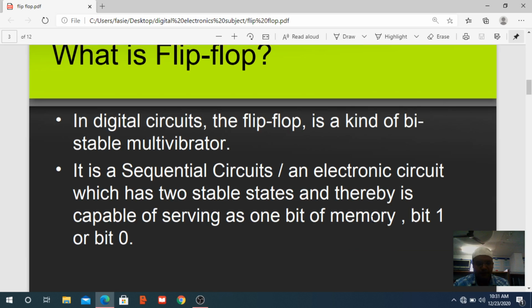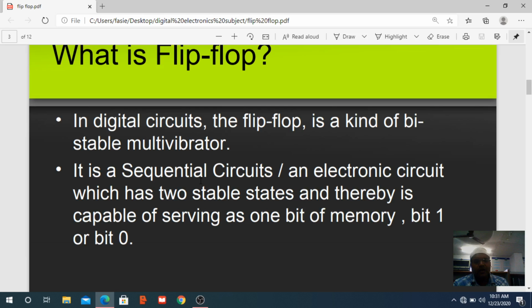That means it is going to produce either bit 0 or bit 1, because digital electronics deals with combinations of 0s and 1s. We have discussed combinational circuits like the full adder, full subtractor, encoder, decoder, multiplexer, and demultiplexer in previous classes. By taking all these combinations, here we get the storage of information. How we get the storing of that particular information, we are going to deal with in the flip-flop concept.